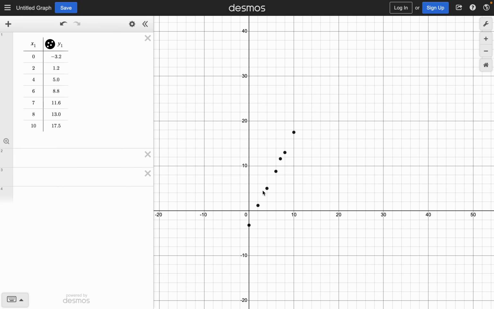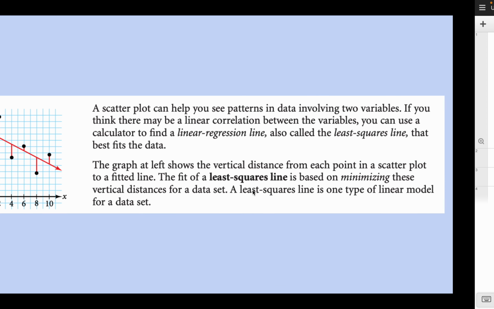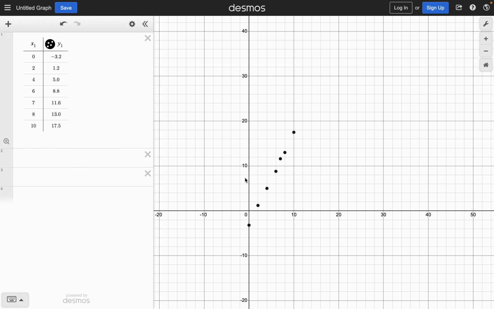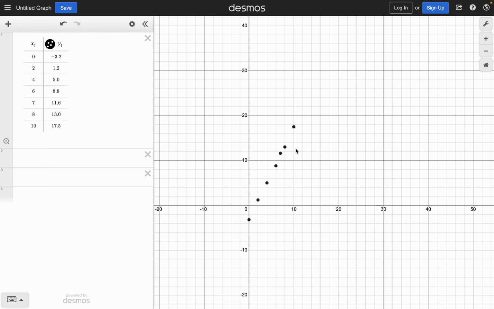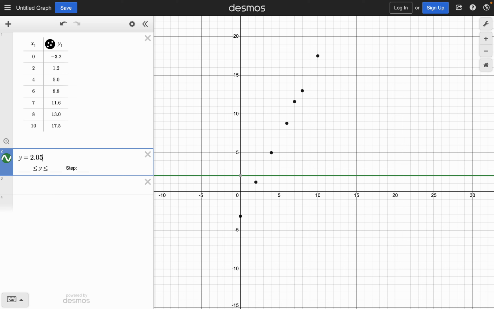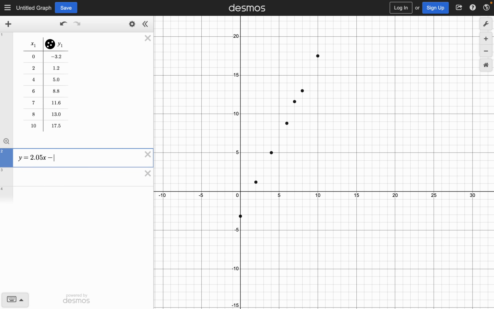As we can see, this is a positive correlation sloping upwards. What we're trying to find is the least squares line, which is basically minimizing the distances. It's practically in the middle of all the points. If we calculate that for this specific one in the textbook, it gives us the line y equals 2.05x minus 3.13.